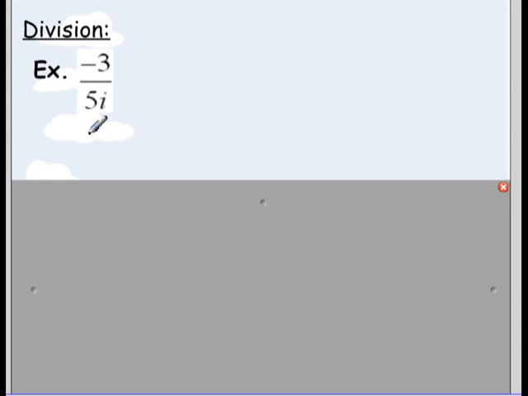So we need to do something to the bottom to make it rational. And so for this one, I'm going to use a little trick, which is I'm going to remember back to the last lesson that when I multiply i by itself, i times i, I get i squared. And i squared actually becomes a rational number. It's just -1. So I'm going to use that fact to help me here. What I'm going to do is multiply the top and bottom by i.